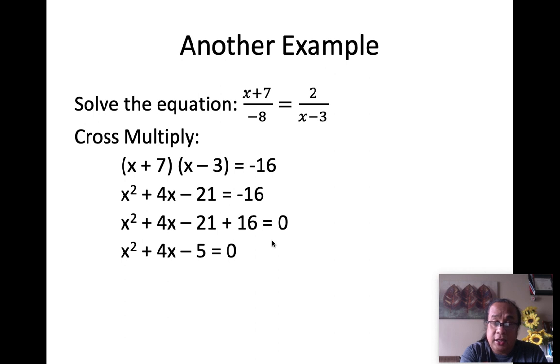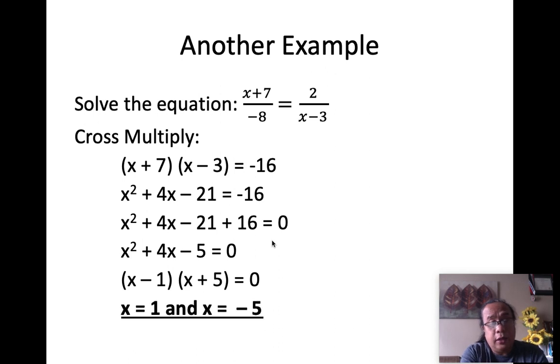So basically you're going to give me factors of negative 5 whose sum is 4, right? Which is actually what? 5 and negative 1. So it's going to be x plus 5 and x minus 1. And take into consideration the opposite. Therefore, your two values of x are x equals 1 and x equals negative 5. So again, two answers.